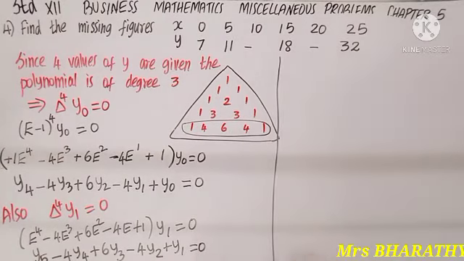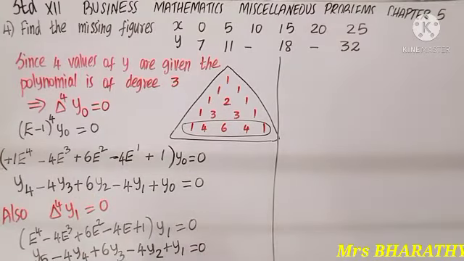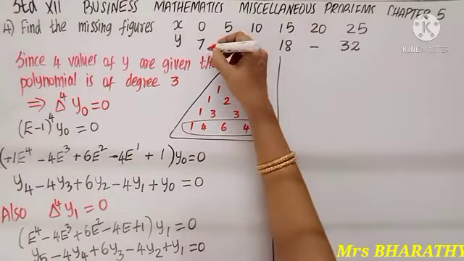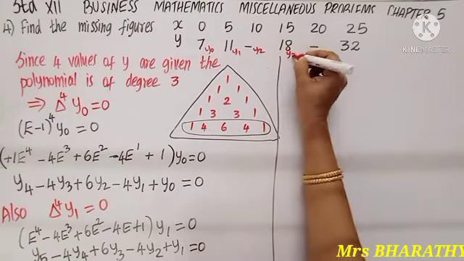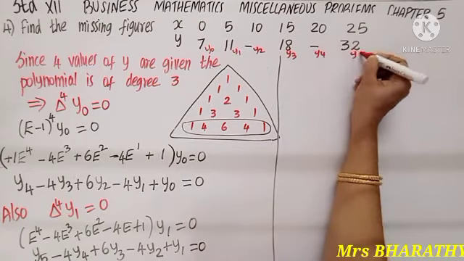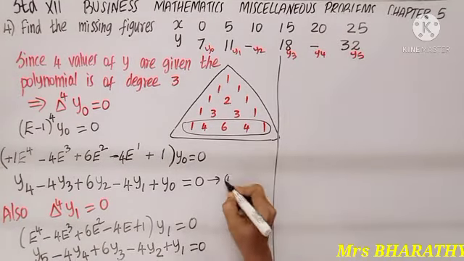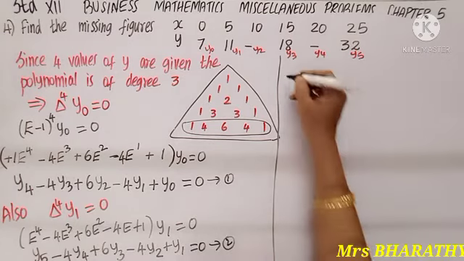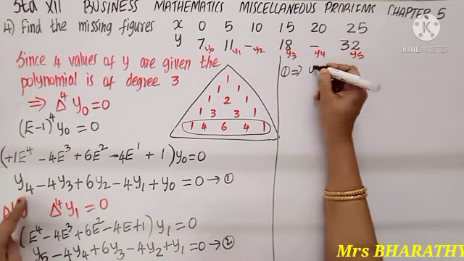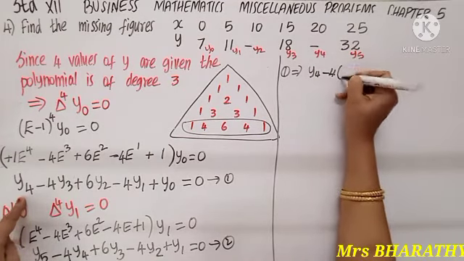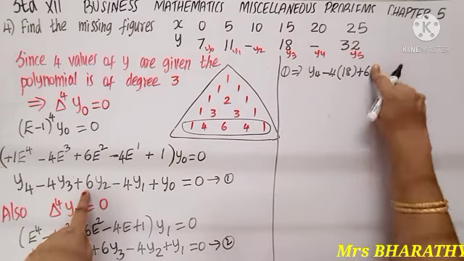As I substitute the values from the table, look at the table, the values y0, y1, y2, y3, y4, y5, in equation number 1 and 2. y4, I do not know. 4 into y3, 18. 6 into y2, I do not know.